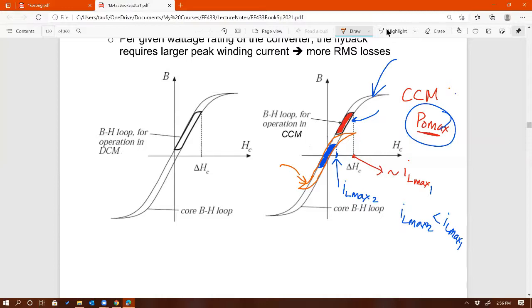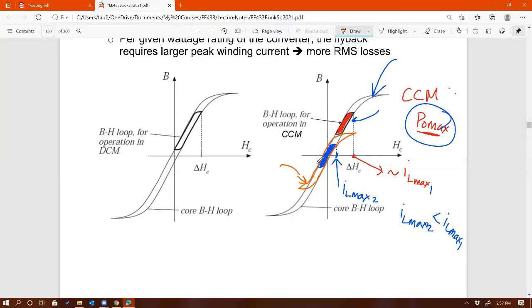If in the BH curve I'm in that negative quadrant, does that mean that I'm in continuous conduction mode? Yes, it is continuous conduction mode, but the core itself is seeing negative current. Actually, this is flux, not really current.